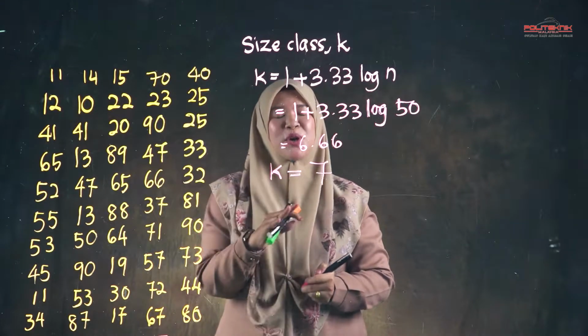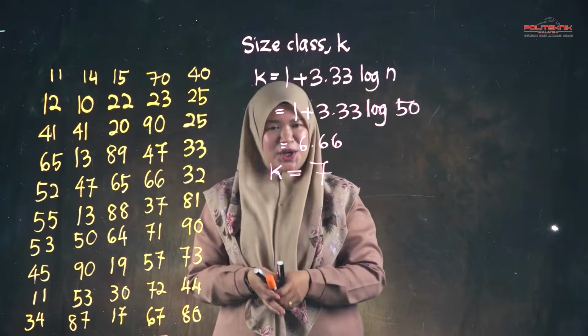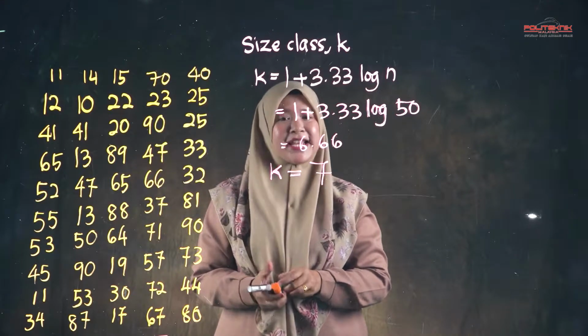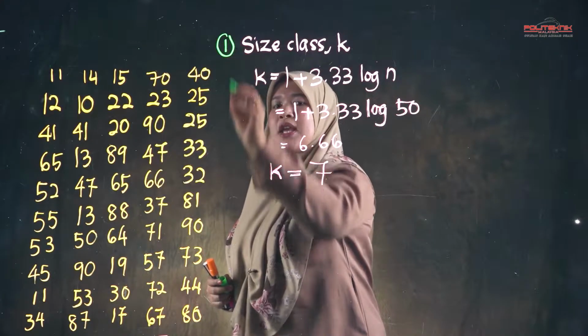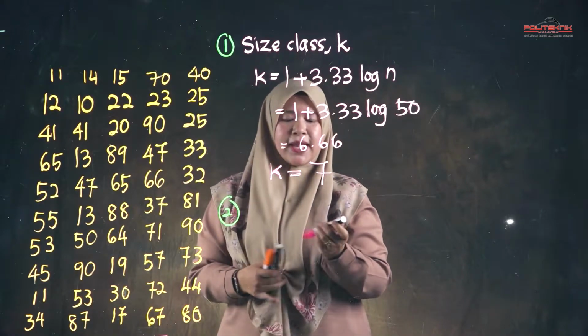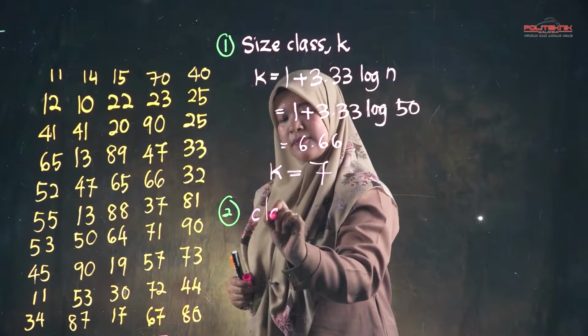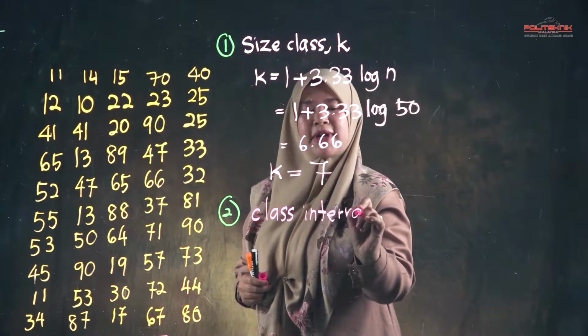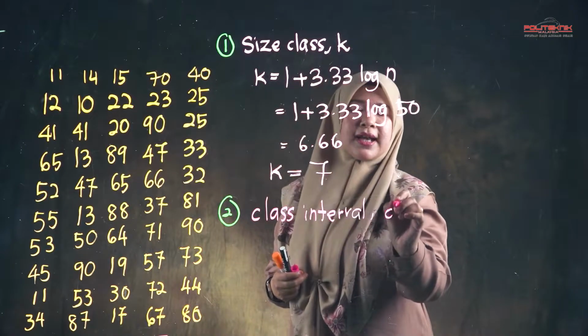So we have settled the first step. The second step for this case is we need to find the class interval. The other name for the class interval is the class width.